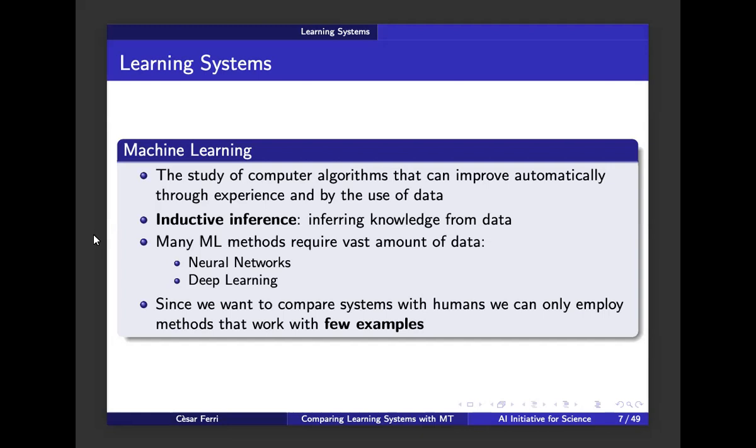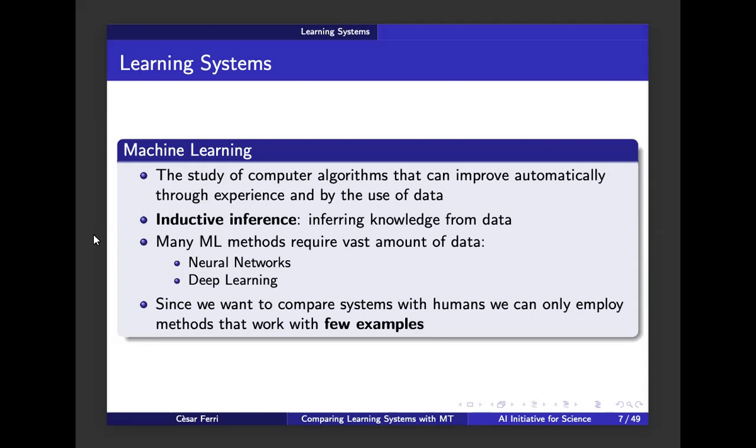In artificial intelligence, the area that focuses on learning is called machine learning, and is defined as the study of computer algorithms that can improve automatically through experience and by the use of data. This is done by a technique called inductive inference, in which we want to infer knowledge from data.